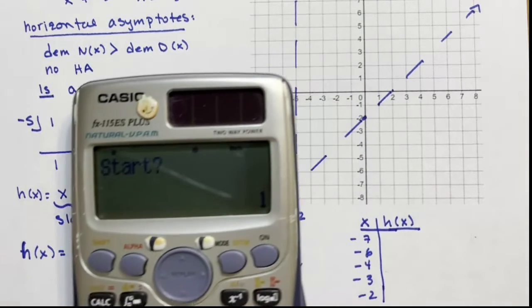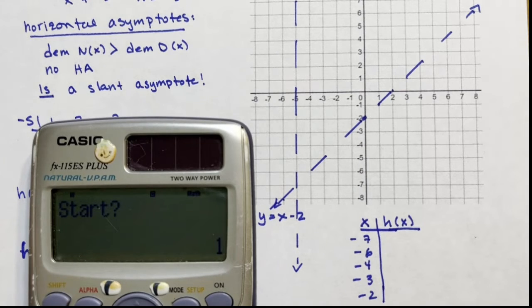And then just like I said before, I want to start at -7. I want to end at -2. I could do a step of 0.5 if I wanted more points. I don't really need them, so I'm just going to say a step of 1.